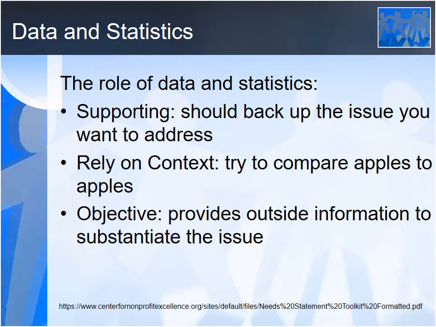Also, you have to have context. It doesn't matter if the crime rate is one thing in New York City if you're writing a grant for rural Jones County. So you have to have data and statistics that are in context, so you're comparing apples to apples. And it also has to be objective.